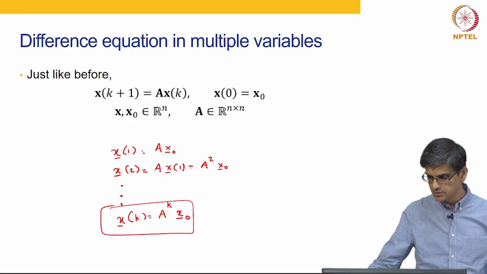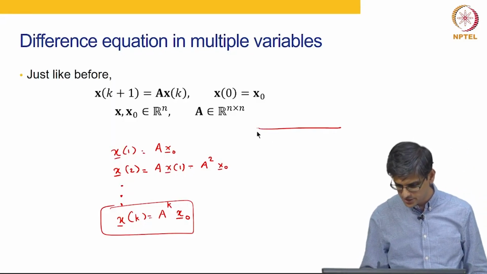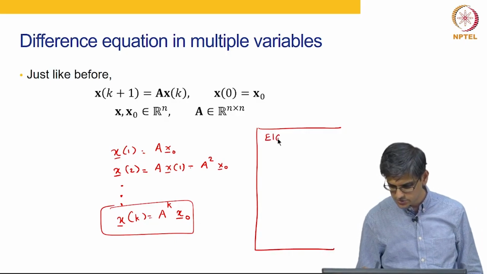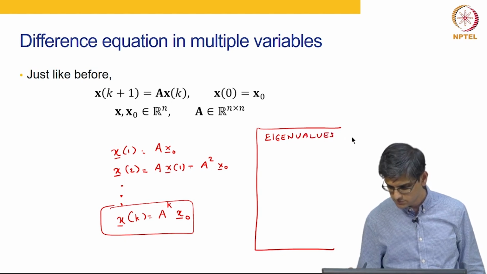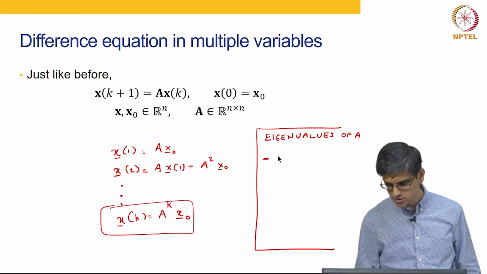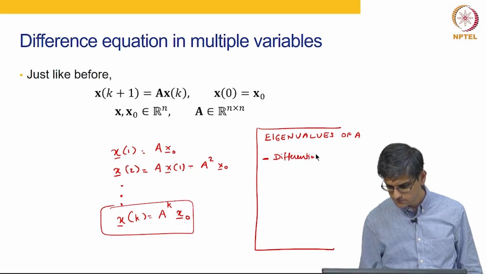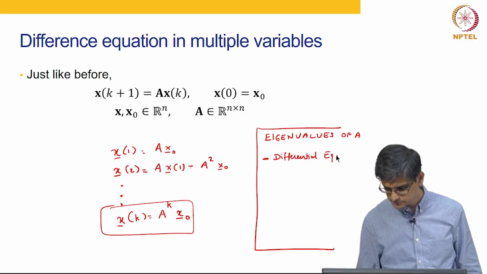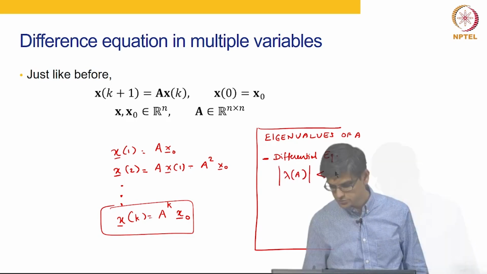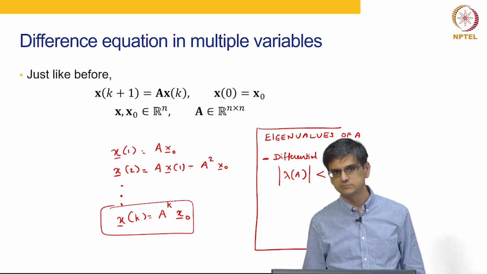The stability for multiple variables is given by eigenvalues of A. For differential equations, the real part of lambda of A should be less than 0, right.